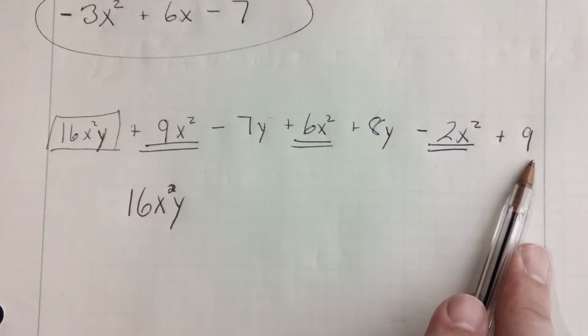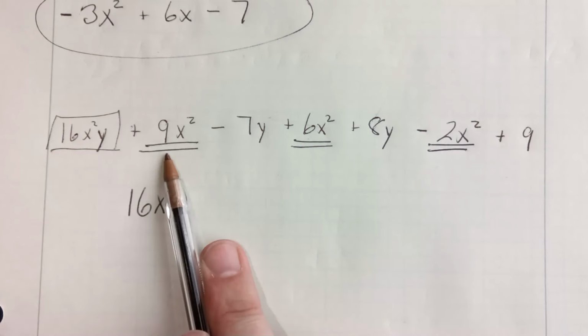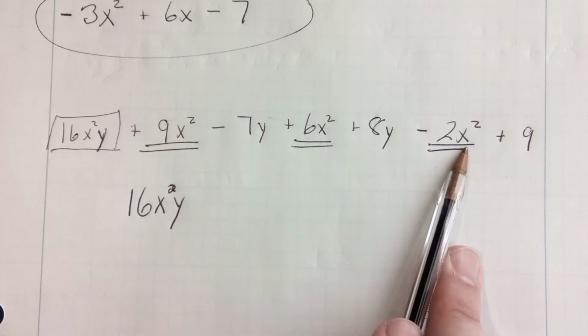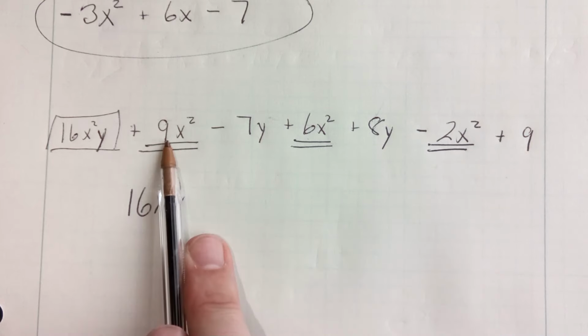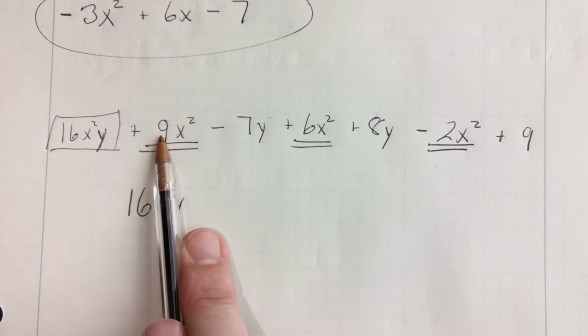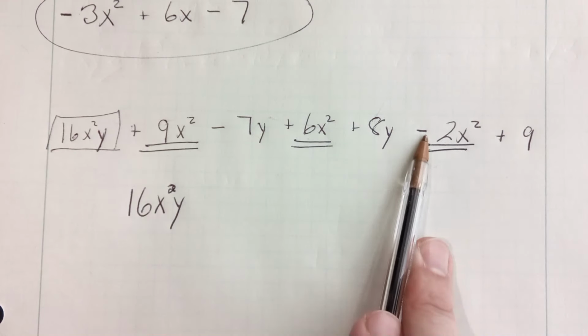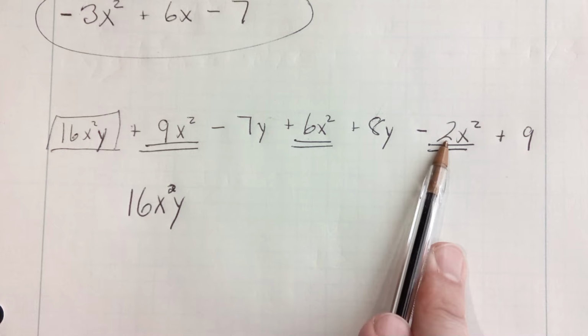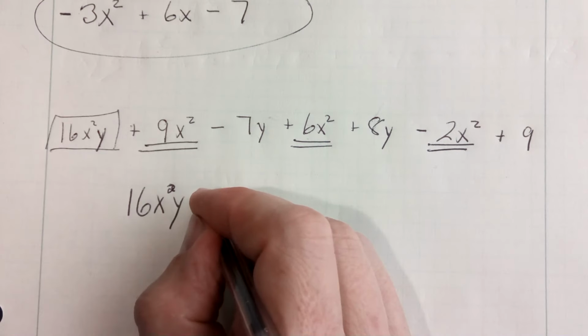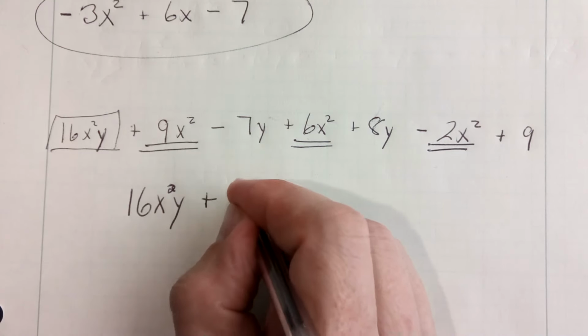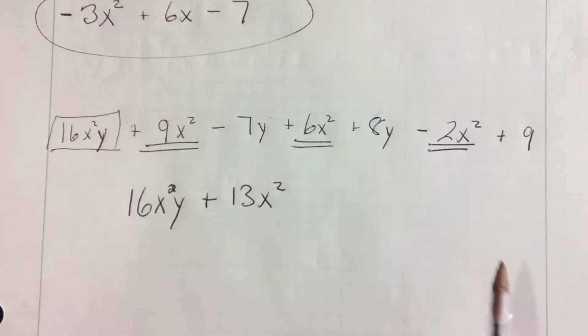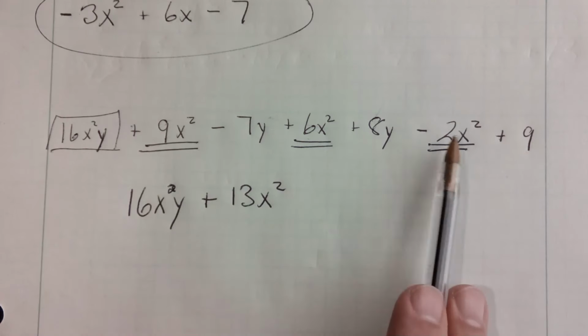And that doesn't. So we have 3 terms that have an x squared and only an x squared. So I'm going to add or combine their coefficients. 9 plus 6 is 15, minus 2 would be 13x squared. So then I would go plus, because it's positive, 13x squared. So now I've added those 3 like terms.